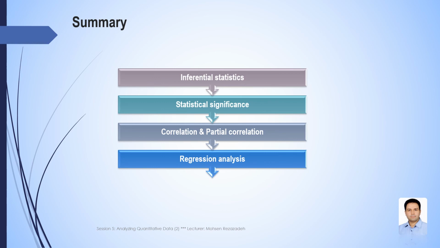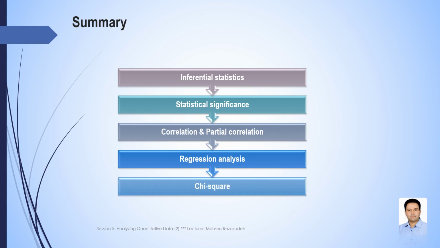And the third type was regression analysis, for which we have two types, single and multiple regression analysis. And finally, we talked about chi-square test. And we said that this is the most important non-parametric test which everybody uses in second language research.